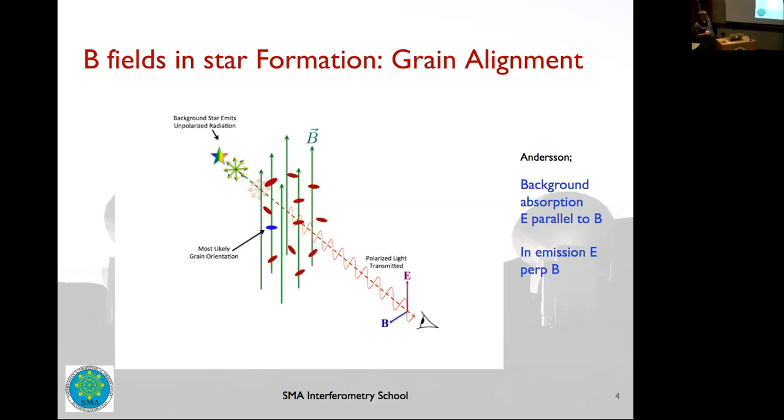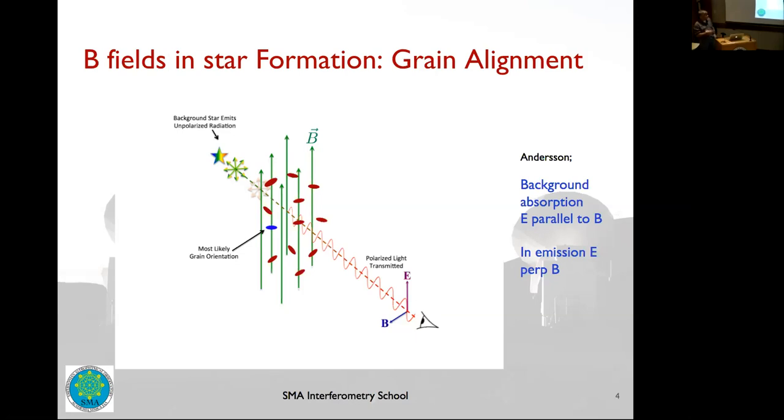What happens is that you take an unpolarized star that goes through this cloud, and the radiation preferentially gets absorbed along the long axis. So the polarization that comes out is perpendicular to the long axis, or parallel to the short axis. Therefore the polarization in this case is perpendicular to the magnetic field. This was used to study starlight polarization, to study polarization in clouds in the galaxy.